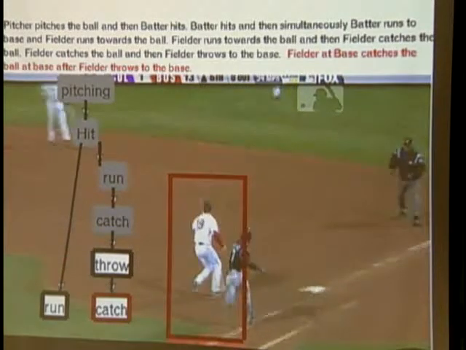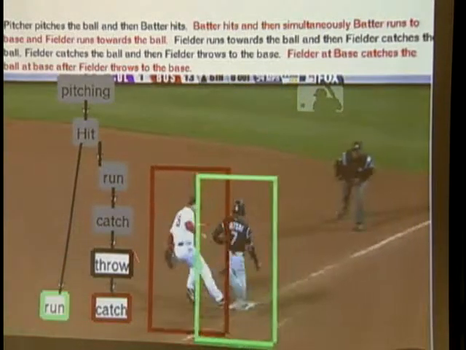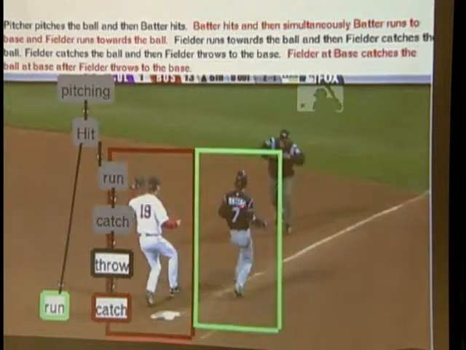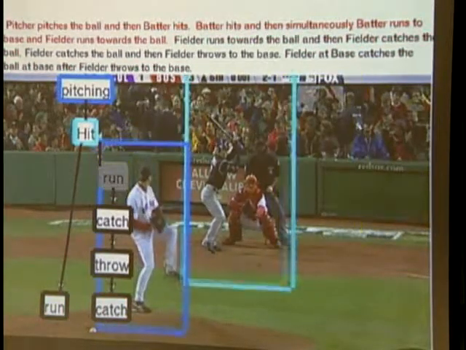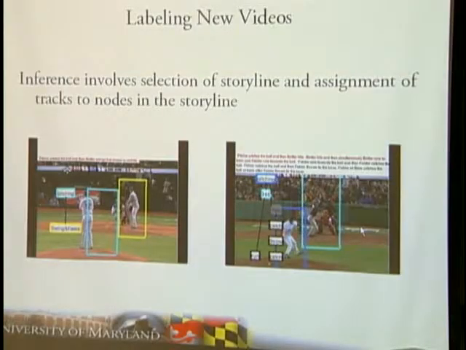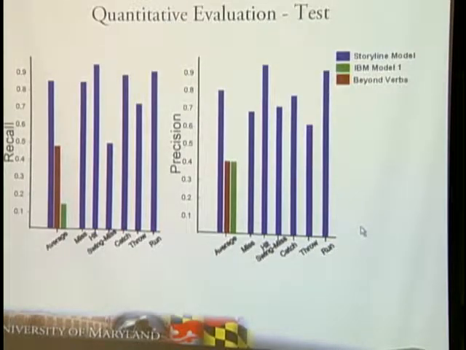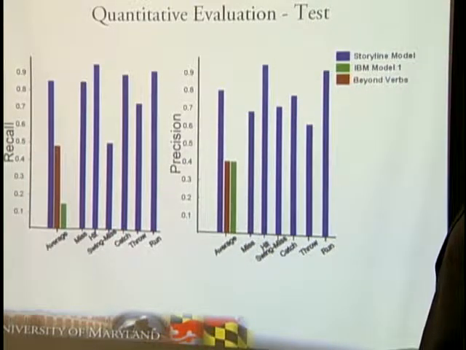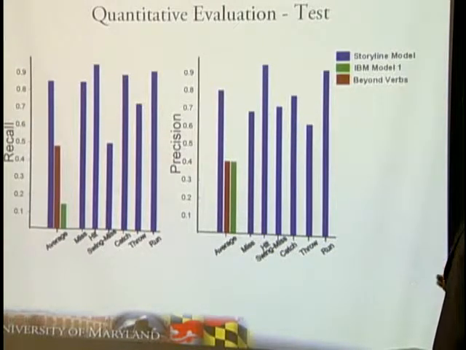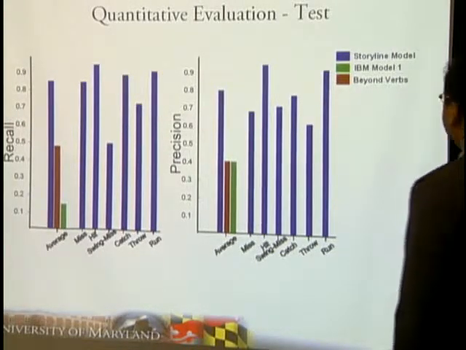Now here you can see there is a transition: the same red track contains the catching and the running of the fielder, but because there is another track for the running, it prefers that track for running. Now quantitatively, we compare the performance of our approach to beyond verbs and IBM Model 1. At a much higher precision of 80%, we have a much higher recall of 85%.